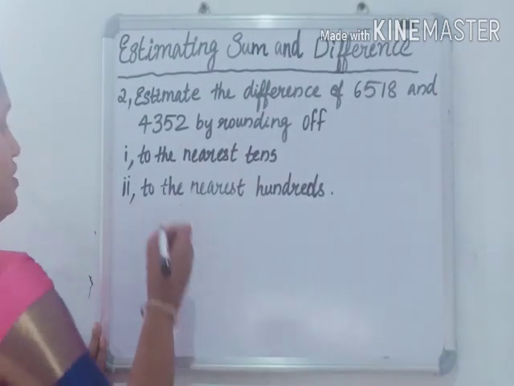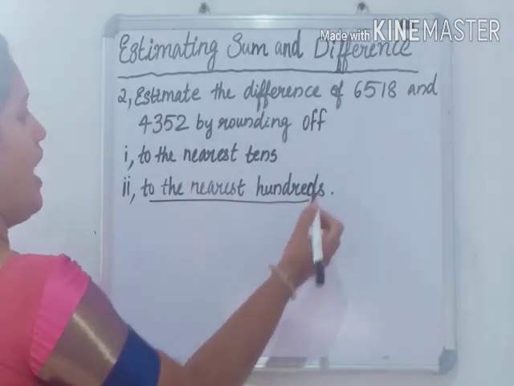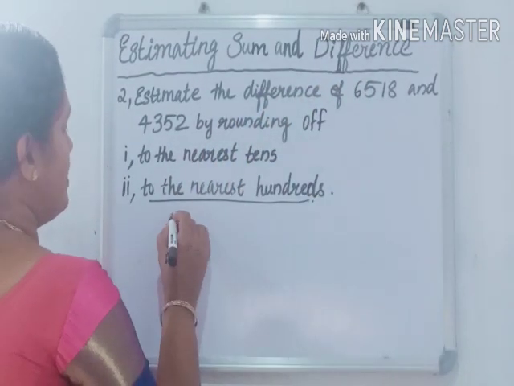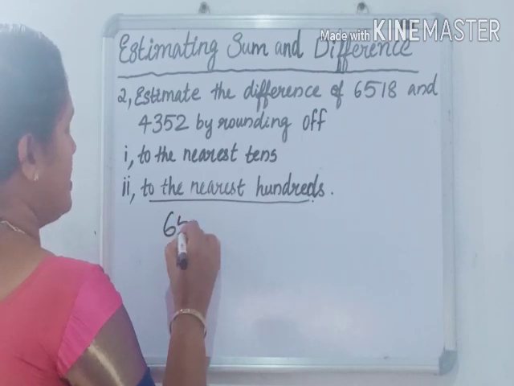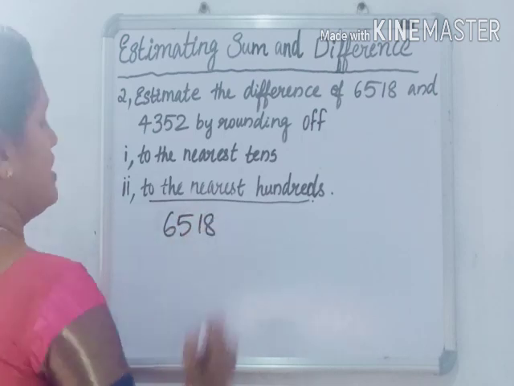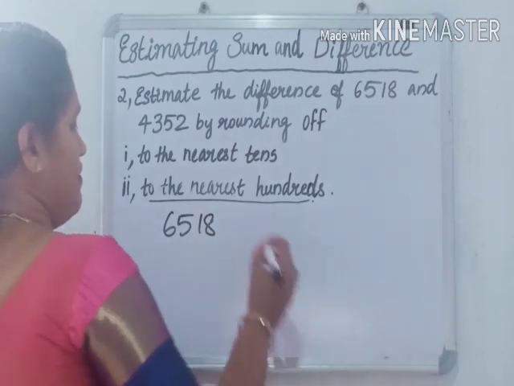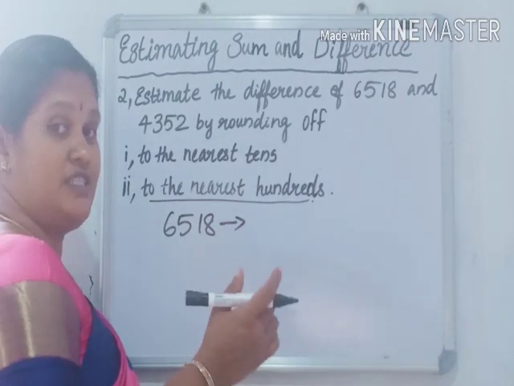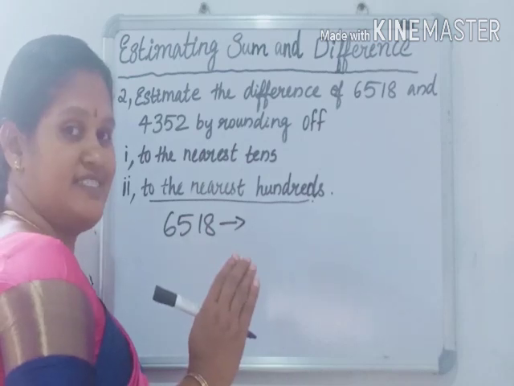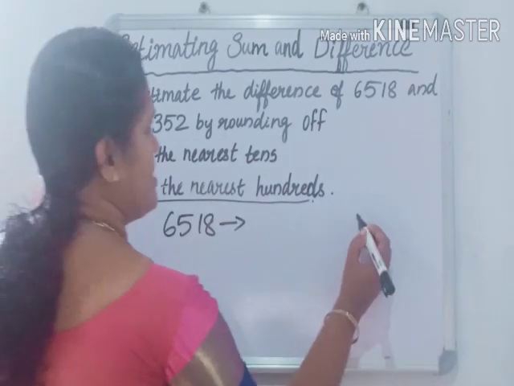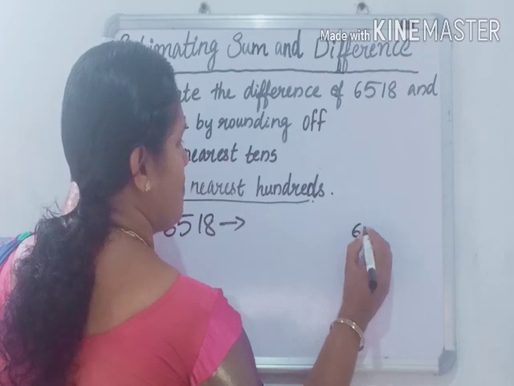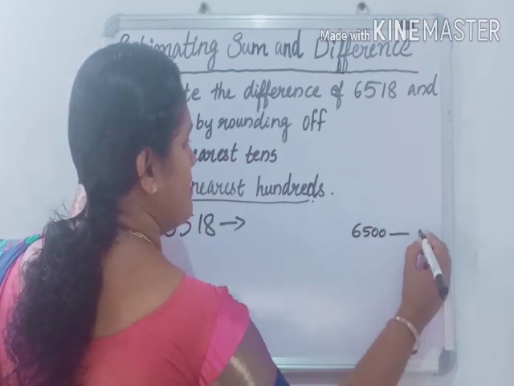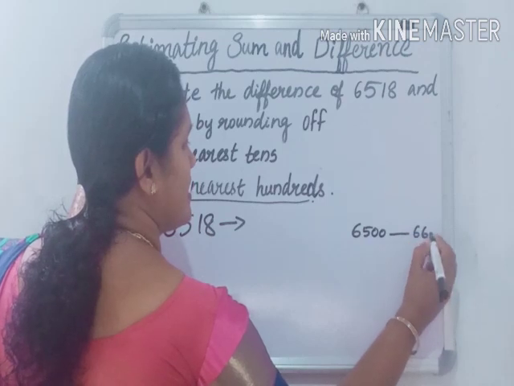Second question, to the nearest 100. The numbers are, first one, 6518. 6518 lies between two hundreds. Which are they? 6500 and 6600.